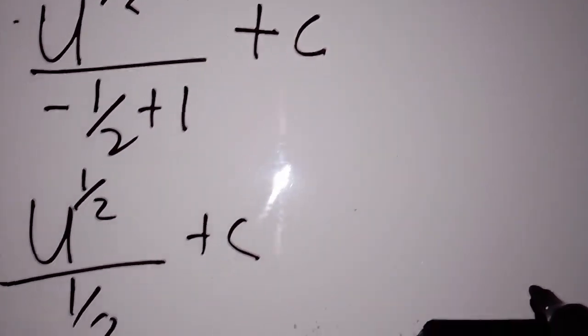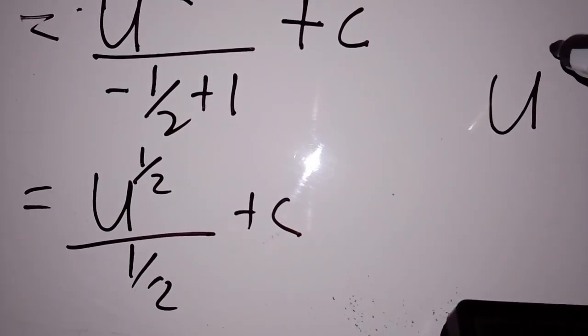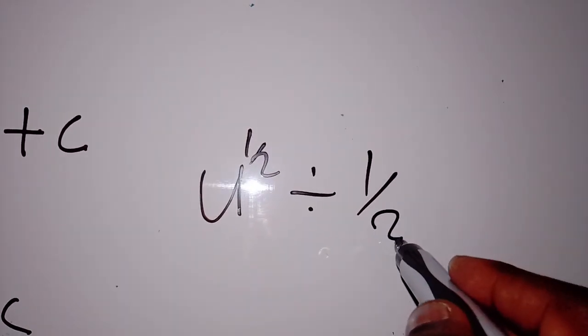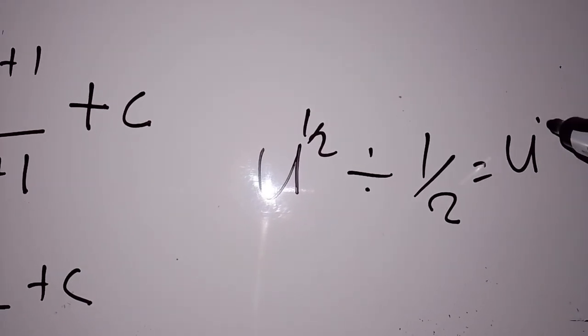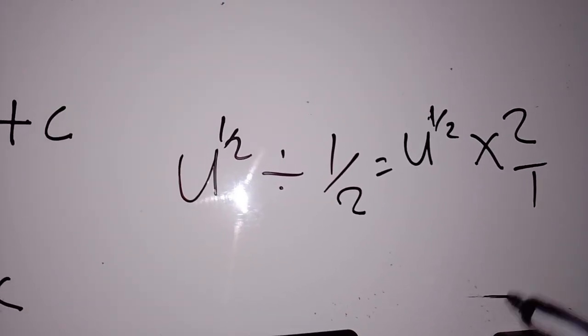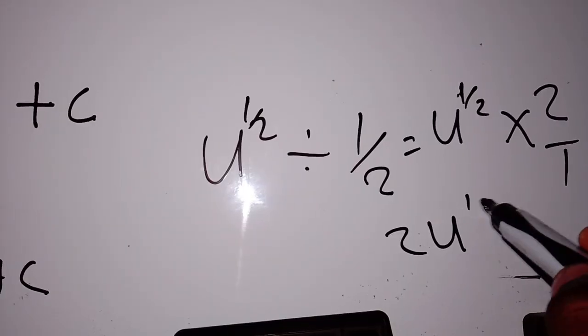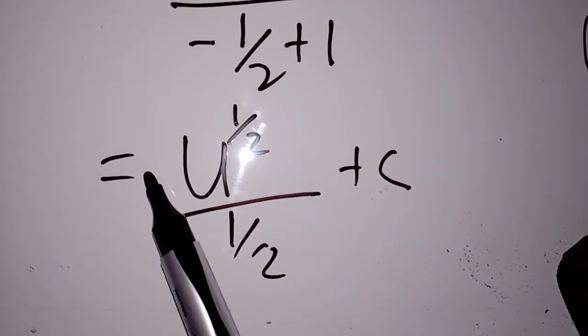For the sake of the doubting Thomases, we are going to say u to the power 1 over 2 divided by 1 over 2, such that when you multiply, 2 will come on top and then 1 down. So u to the power 1 over 2 times 2 will just be 2u to the power 1 over 2, over 1, which is just the same. So that 2 will come this side.